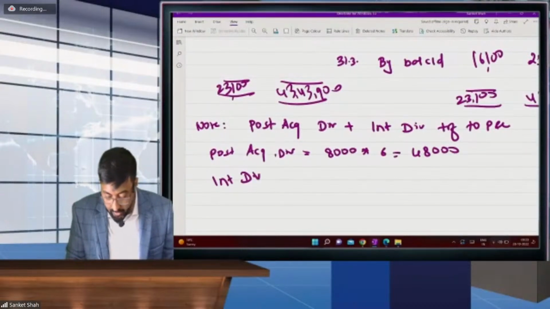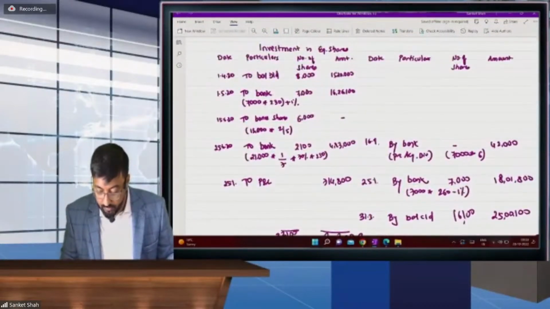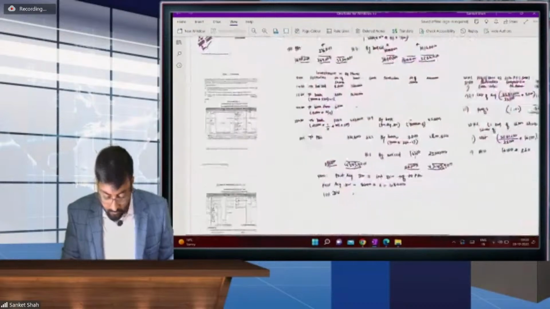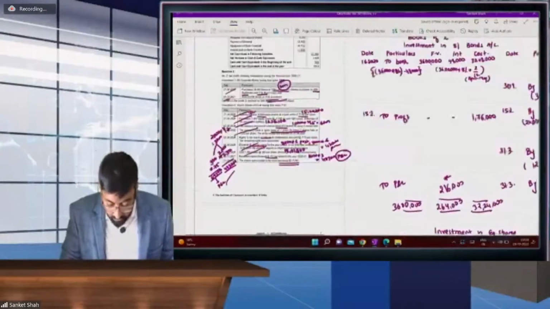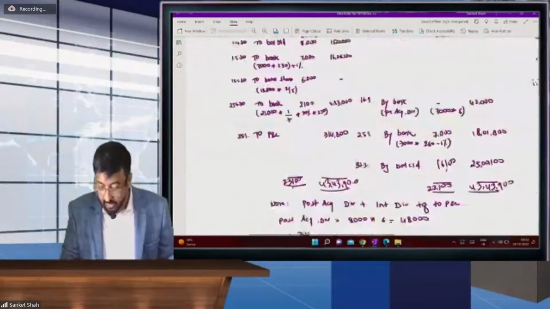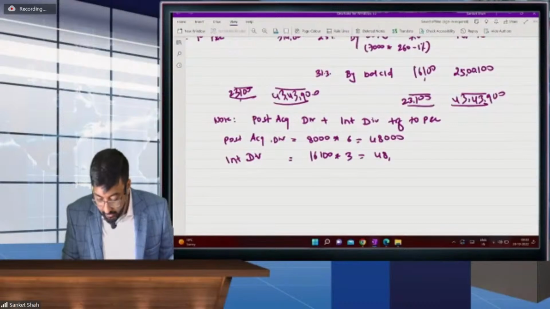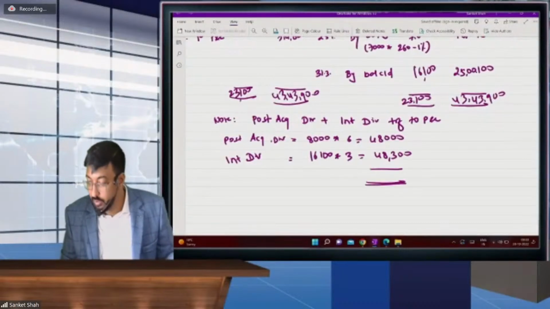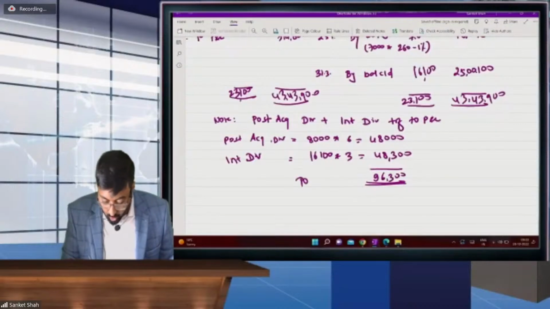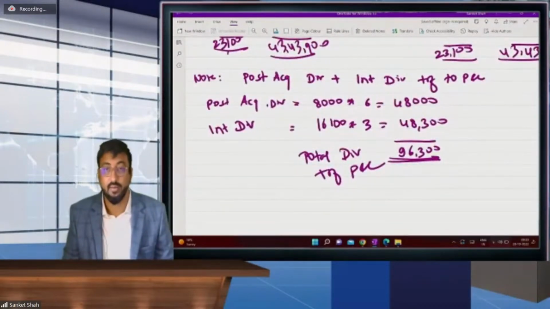And interim dividend, which is rupees 3 per share, no? 16,100 shares into 3 rupees, 48,300. So the total, 96,300, is the total dividend transferred to P&L. You can write this note, 96,300.